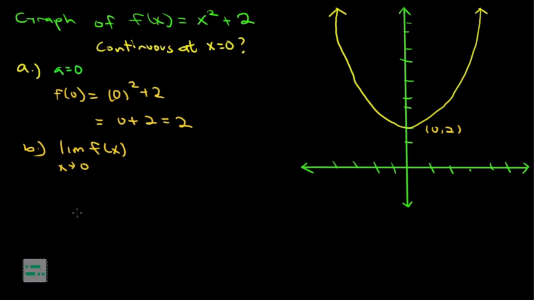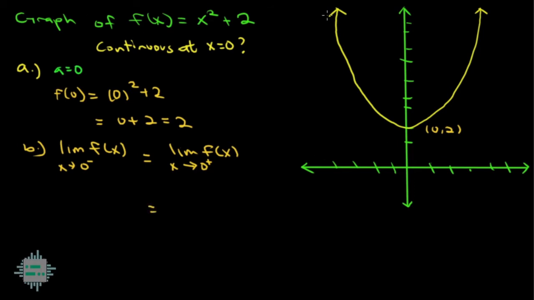So kung gagamitin natin yung graph niya para makita yung one-sided limits, alam natin na yung overall limit ay mag-i-exist lang kung parehas ang iyong one-sided limits. Yung limit from the left and limit from the right. Left of 0, and then from the right of 0. Dapat equal yan. Check natin.